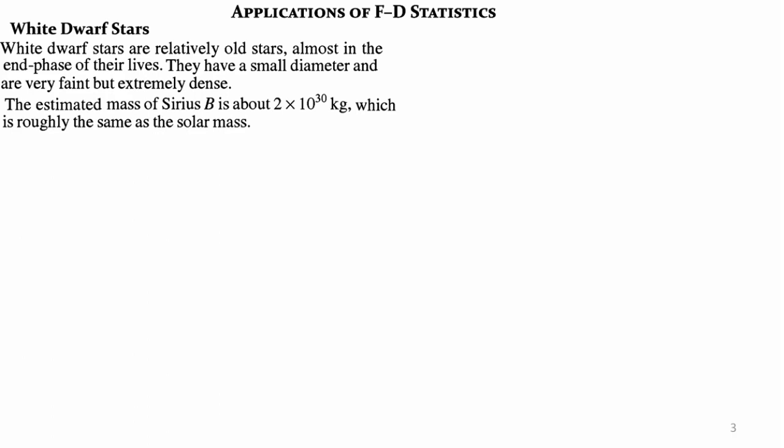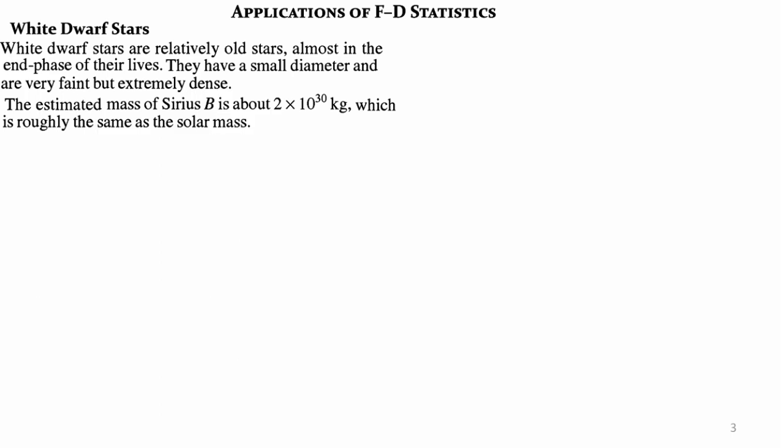And why don't they emit much light? Because they have actually burnt out most of their hydrogen to helium, and that's why they have not been left with much light. The major factor, or the major physics of those stars, lies in the gravity and the constituent matter of the star, which is mainly helium.